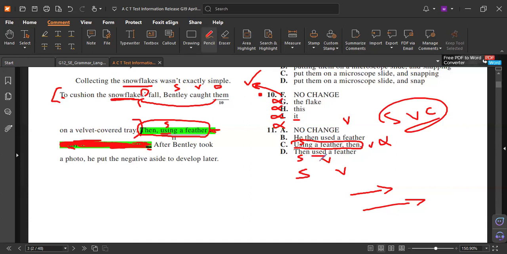No subject in this part. So delete it. But look at B: he, subject, used, verb, and then complement, object, and then complement. You know, phrases can help as complements. That means the letter B is correct. Yes or no?